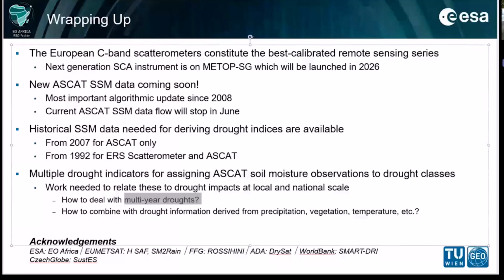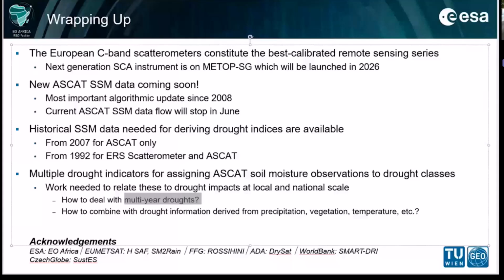So, let's say the latest generation of products typically try to go to a 1 kilometer scale, with a sampling interval of daily to several days.